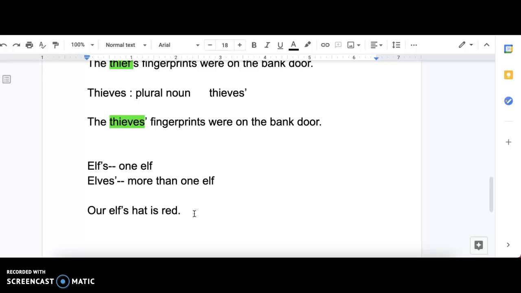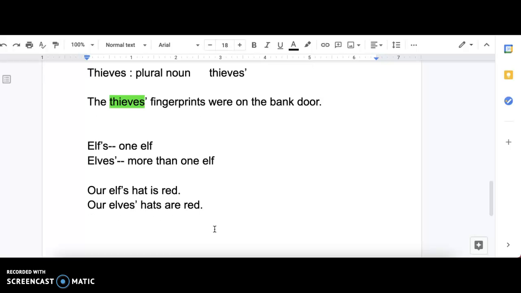So she couldn't write our elf's hat is red. She would have to write elves' hats are red. Because Cora has more than one elf, she'd have to use the plural form of elf. So elves, and now we're going to make it possessive. So elves' hats are red.